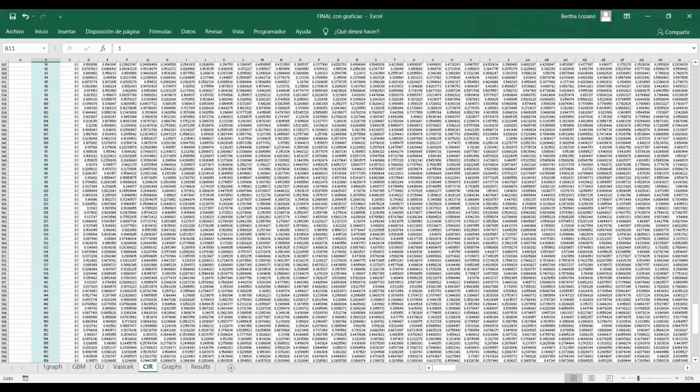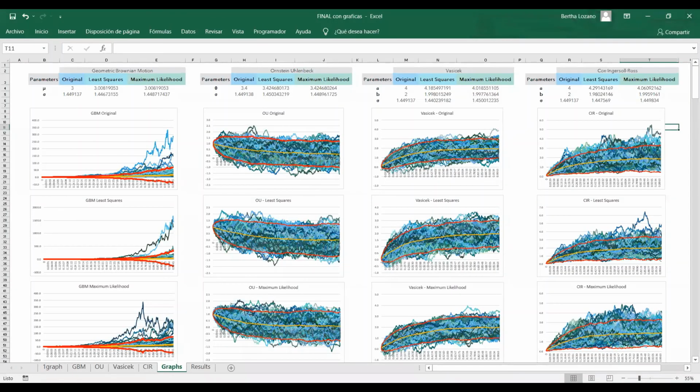With these results, we get the following graphs. We can see that the three graphs for each method are very similar. This is because the estimated parameters are highly alike and therefore give us similar results and trajectories. We can also see that the average, upper, and lower bound seem to be in the same levels. So using both least squares and maximum likelihood, we'll get parameters really close to reality that will help to make forecasts.